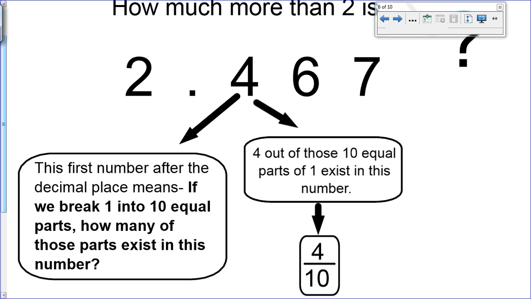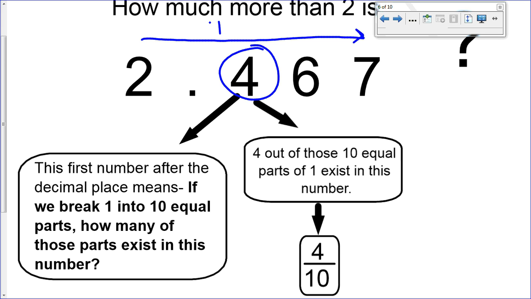Okay, so how much more than 2 is 2.467? That's what we want to know. Because it's certainly more than 2. But how much? We need to get a feel for where it lies between 2 and 3. Okay, so the first thing we need to look at is this 4 right here. So that 4 is in the tenths place.